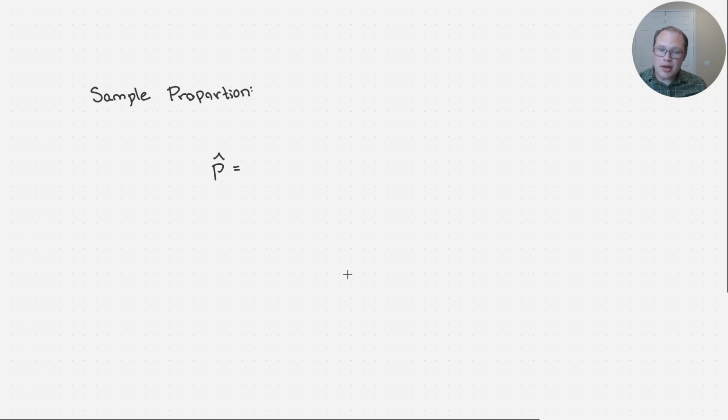To calculate our sample proportion, P hat, we take the number of members of our sample that have the characteristic we're looking for and divide by our sample size. So very similar to how we calculate a population proportion, but we're looking up these values for our sample now. Here, P hat is the symbol we use for our sample proportion.